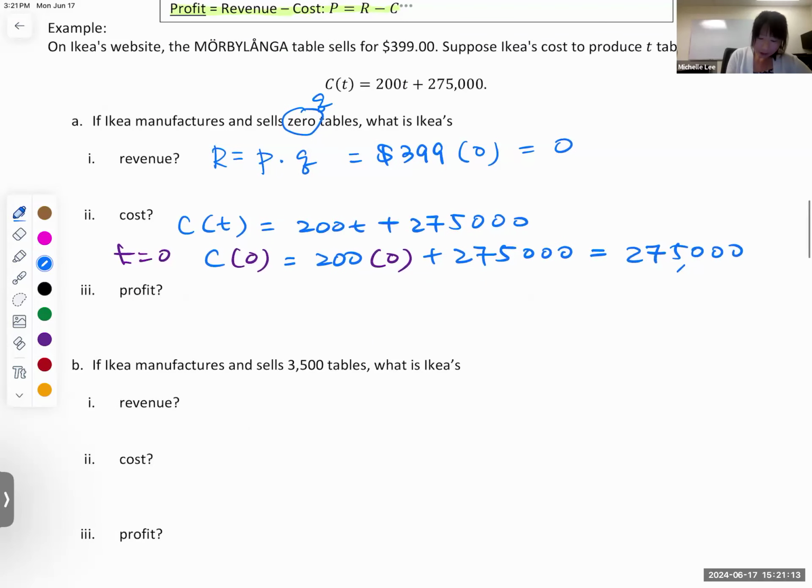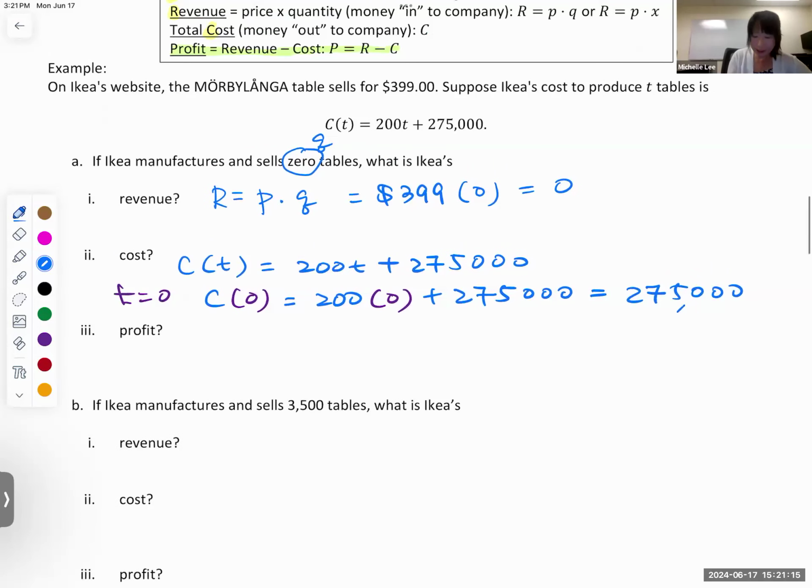Very good. Okay, profit function. So profit equals revenue minus cost function, right? I am using this one. Then profit, which is P equals R, where R equals 0, and cost function, which is 275,000.